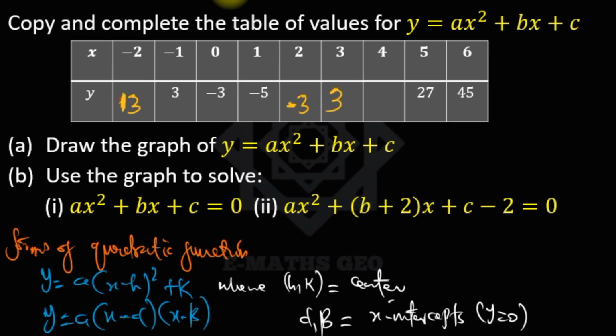So the last point now, when x is 4, y is now equal to 2 times 4 squared minus 4 times 4 minus 3.